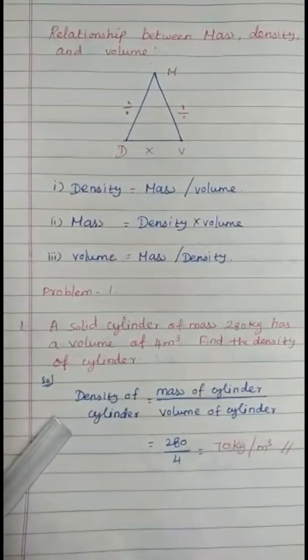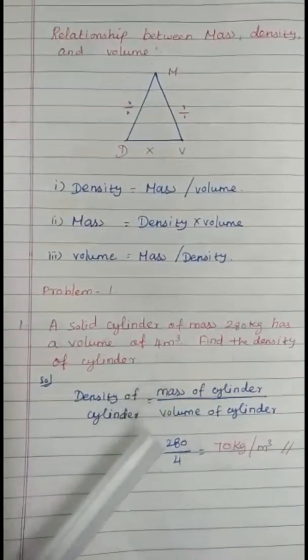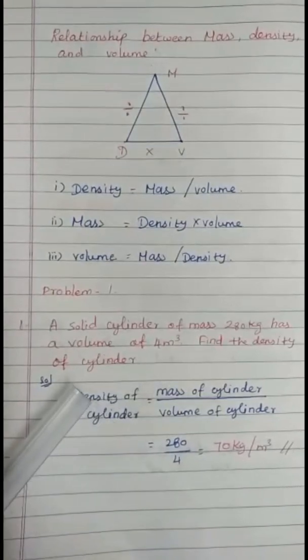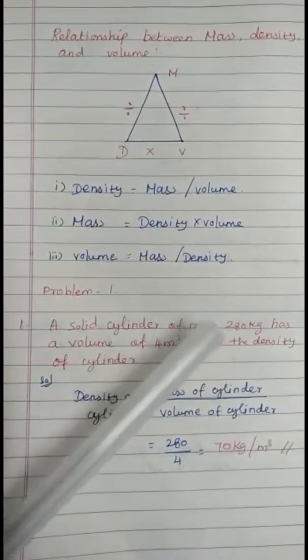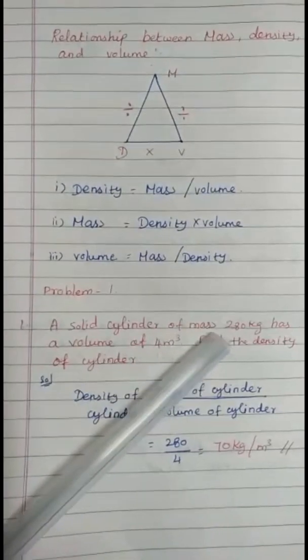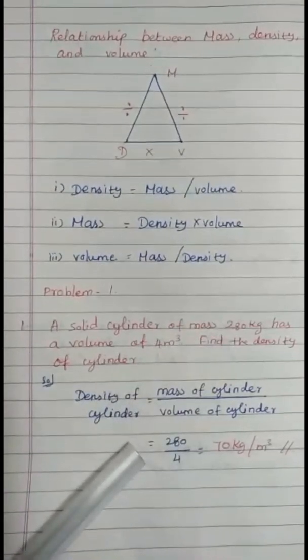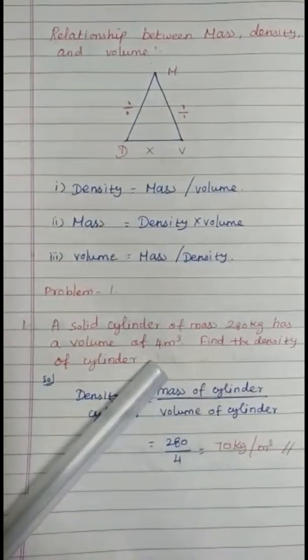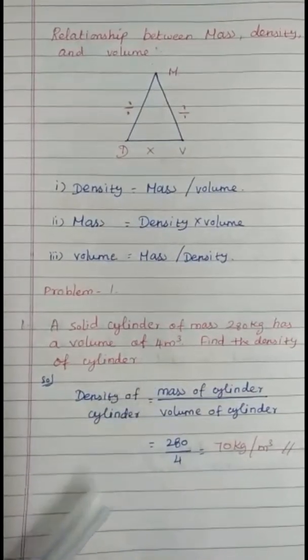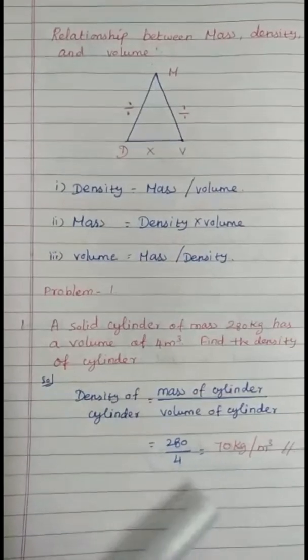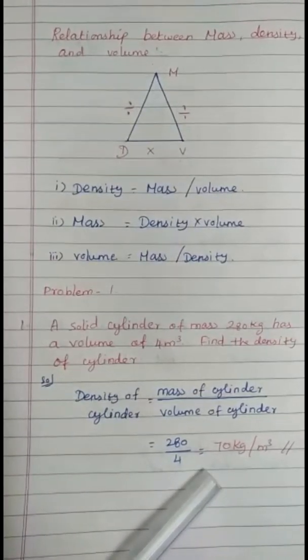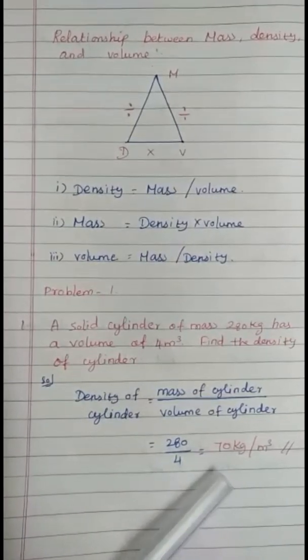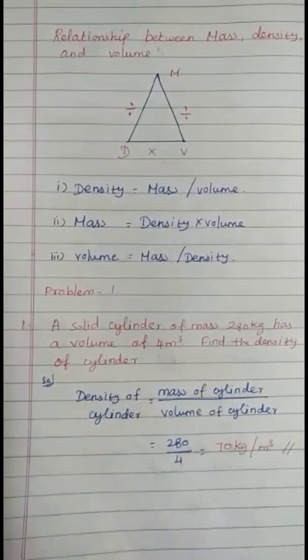The mass is 280 kilograms and the volume is 4 meter cube. So 280 divided by 4. Answer is 70. So density of cylinder is 70 kilogram per meter cube.